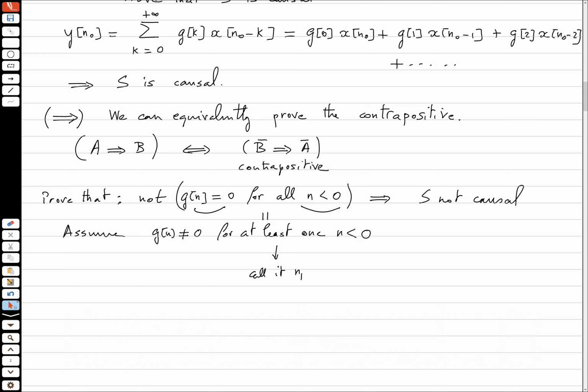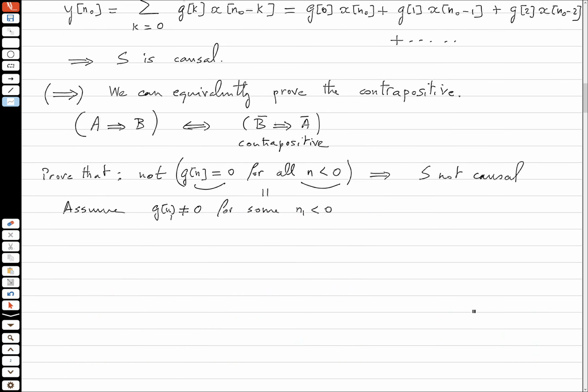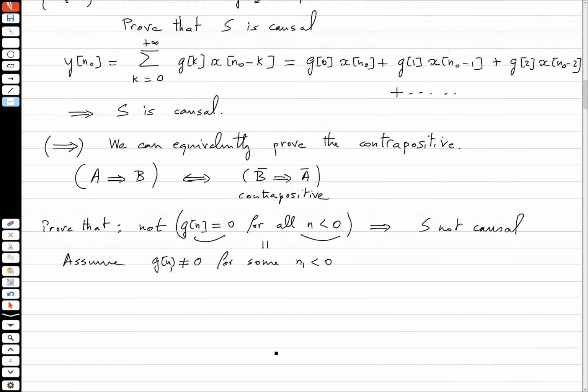So maybe I can rephrase this. For some N1, g of N1 is not zero for some N1, negative.